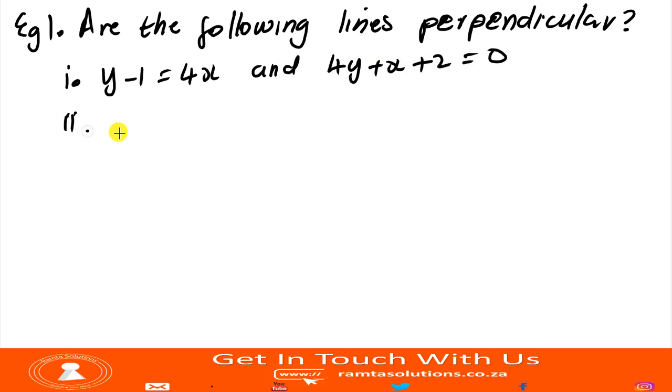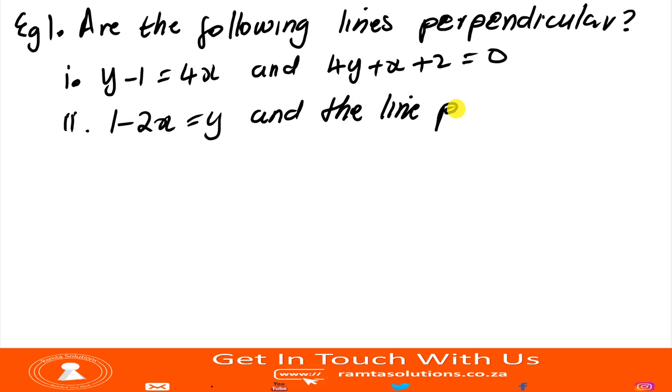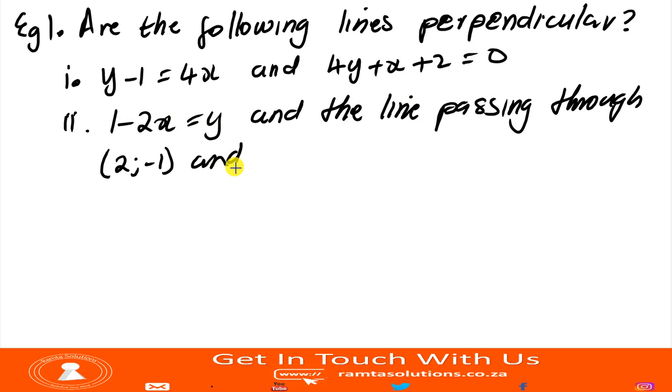Roman figure 2, we're looking at y minus 2x equals y, and the line passing through the point (2, minus 1) and the point (minus 1, 5).